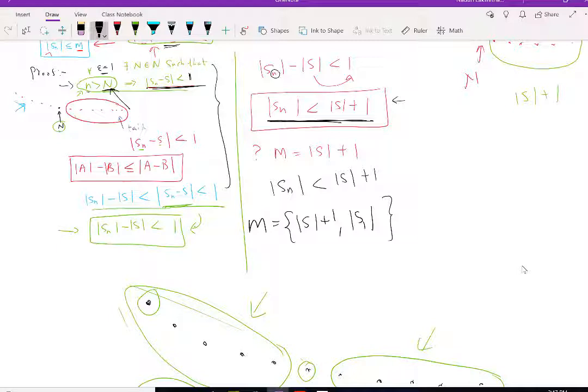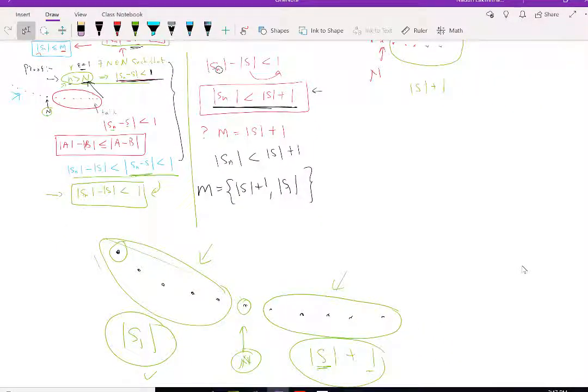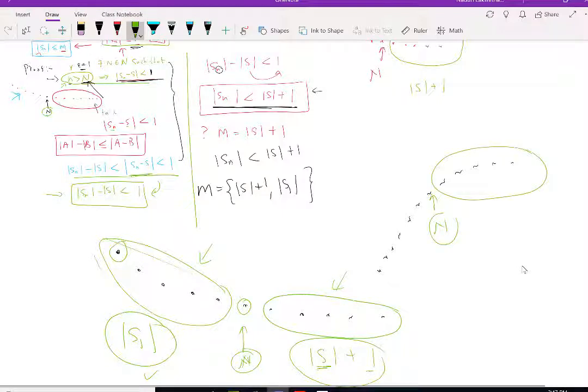But that's not guaranteed. If you have a strictly increasing sequence, think about this. We know the tail, starting from the capital Nth term, is definitely less than absolute value of S plus 1.